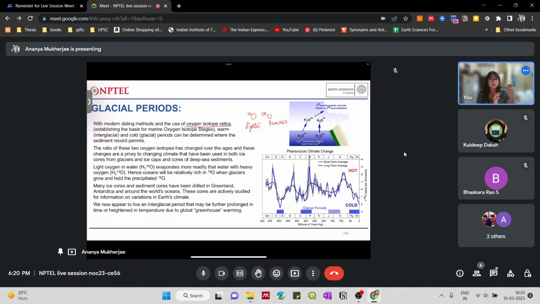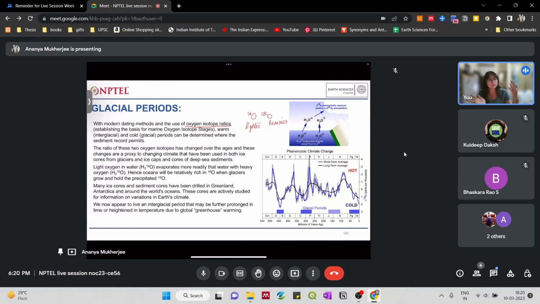Okay, so hence we can say if the oceans are relatively rich in O18, glaciers grow and hold the precipitated O16. So the O16 that is much greater when evaporation is taking place, when precipitation is happening, when the glaciers are forming.